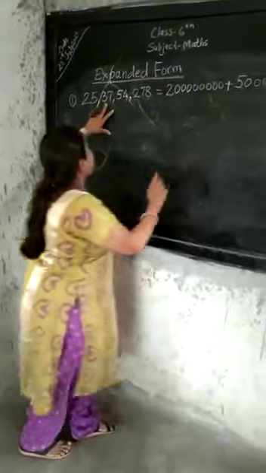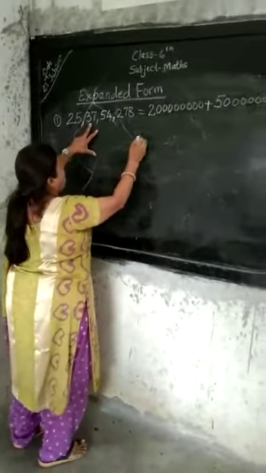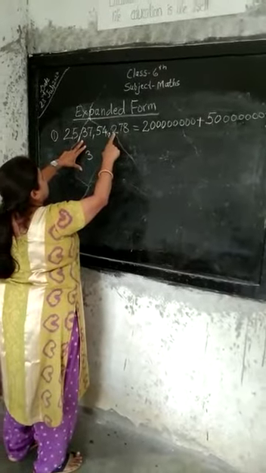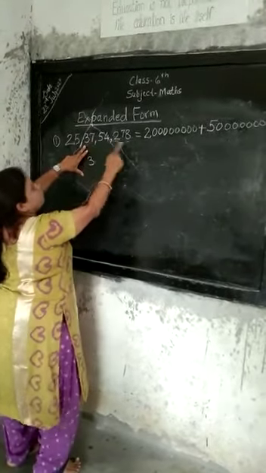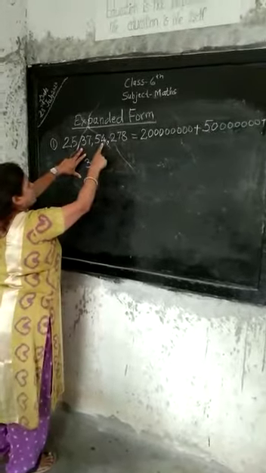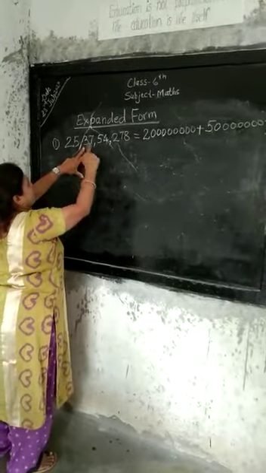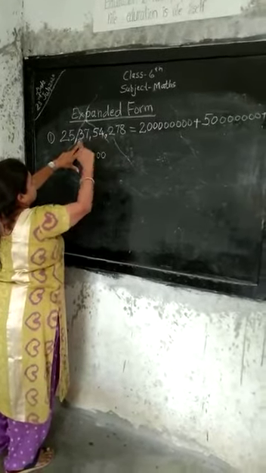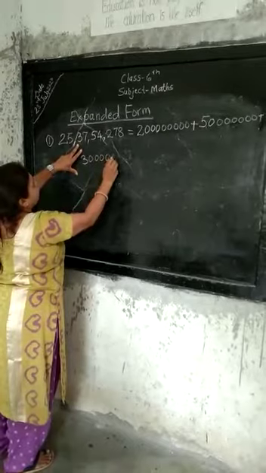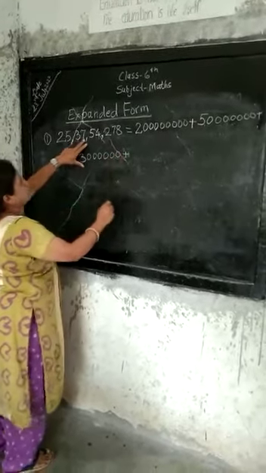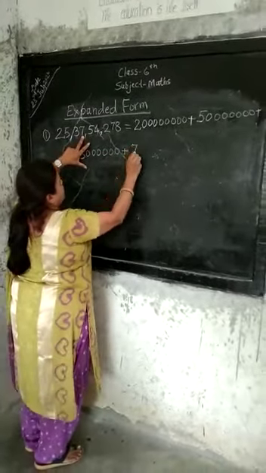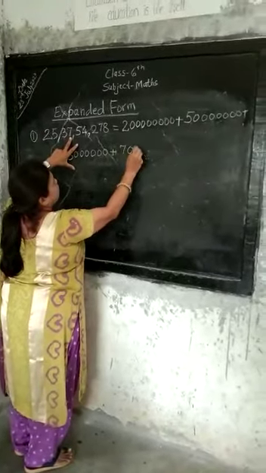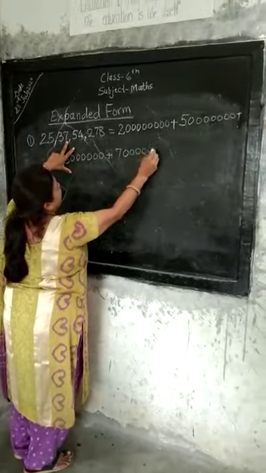Plus 3: how many zeros? Ones, tens, 100, 1000, 10,000, lakh, 10 lakh. 30 lakh. Plus 7, 7 lakh. How many zeros? 5 zeros.